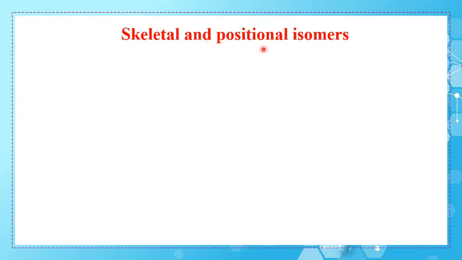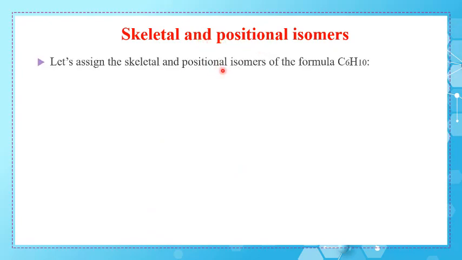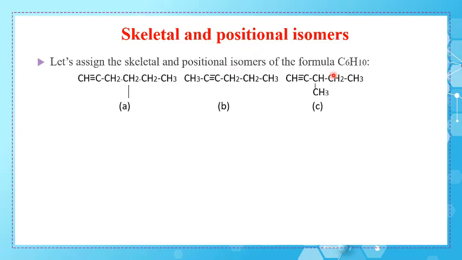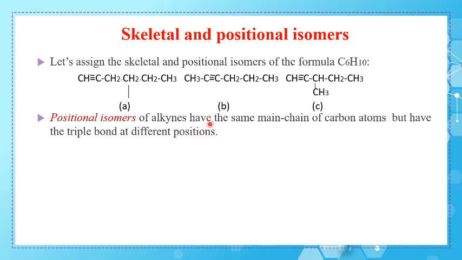Skeletal and positional isomers. Let's assign the skeletal and positional isomers of the formula C6H10. We take these 3 isomers of C6H10, but first let's read the definition of positional isomers. The positional isomers of alkynes have the same main chain of carbon atoms, but have the triple bond at different positions.